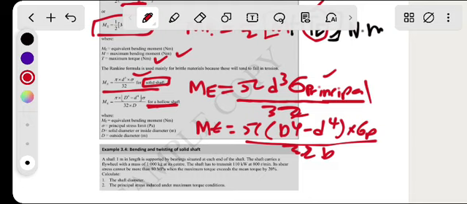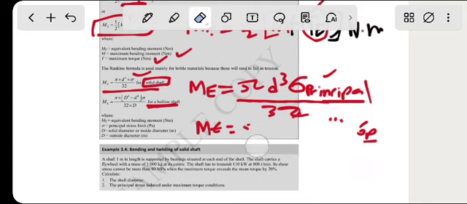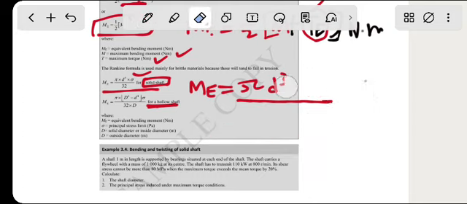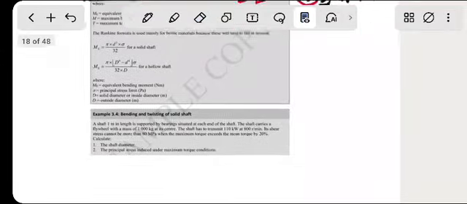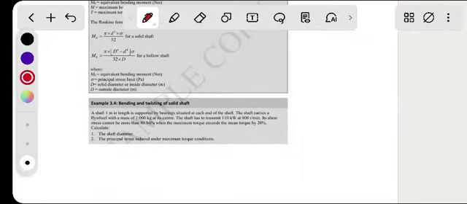As you can see, that is 32d. This is simply the equivalent bending moment, measured in Newton meters.